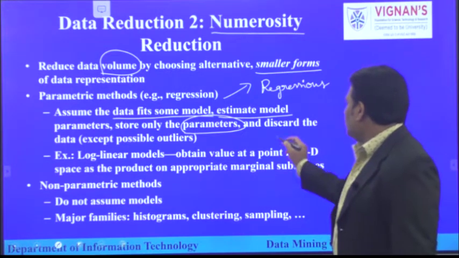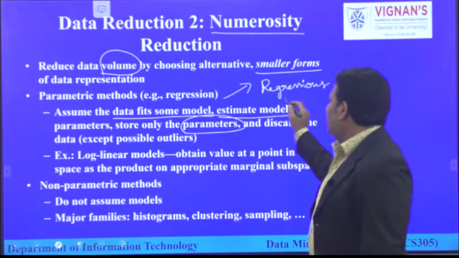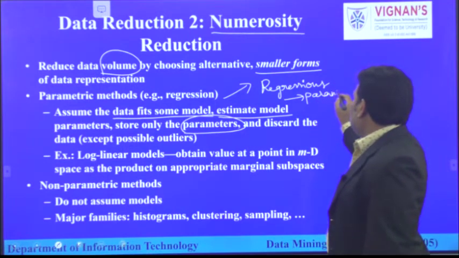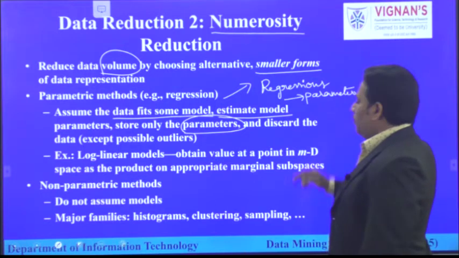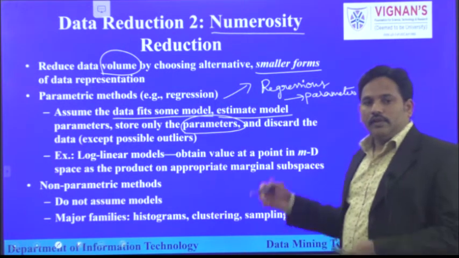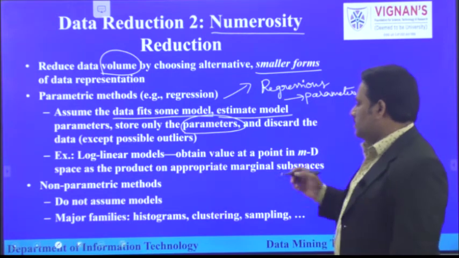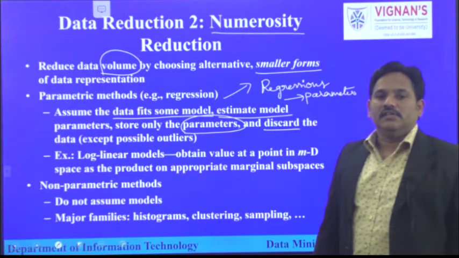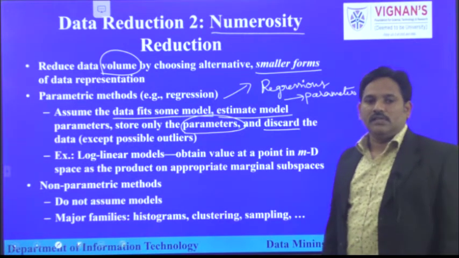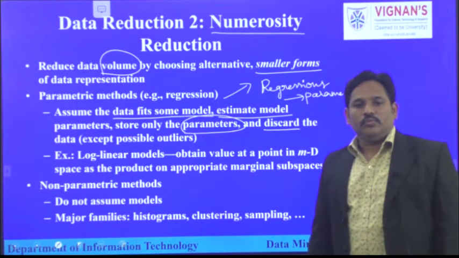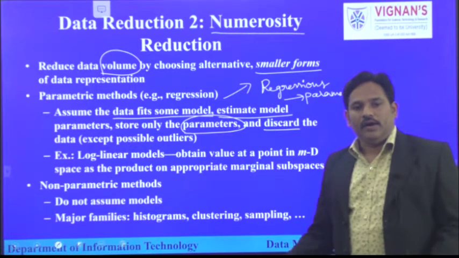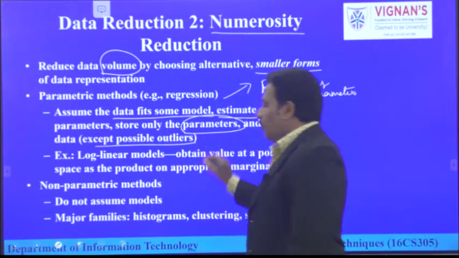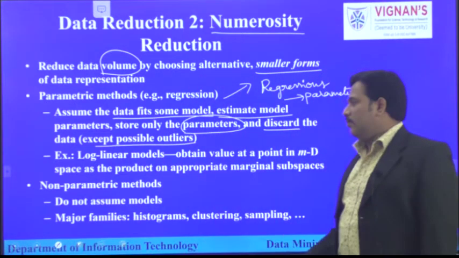So here when we are able to identify the best parameters which will give better results, they are going to be considered, and the remaining parameters are going to be discarded. That means among the existing parameters, the best suitable parameters are going to be taken and applied on the data model. Now here in this process, the possible outliers are going to be eliminated.